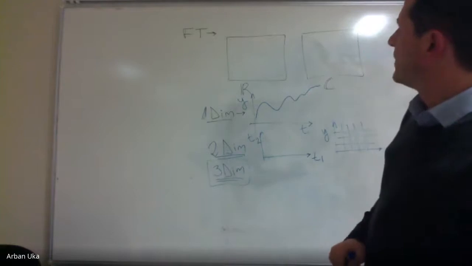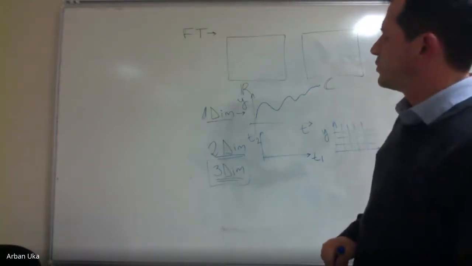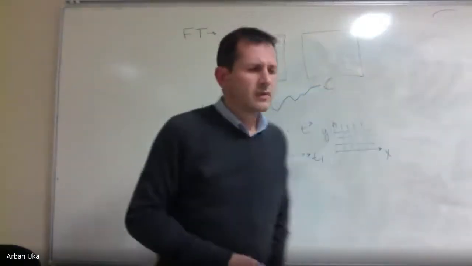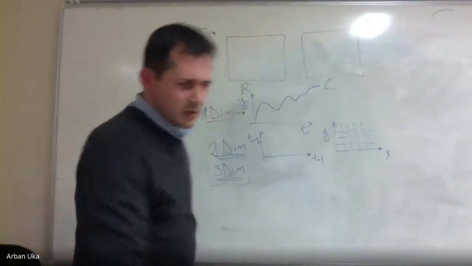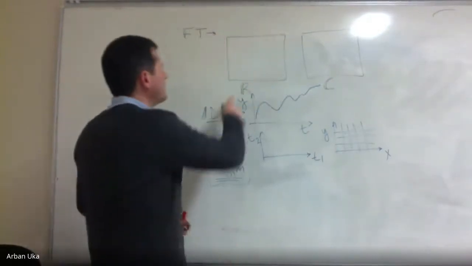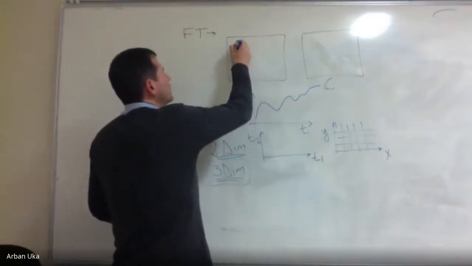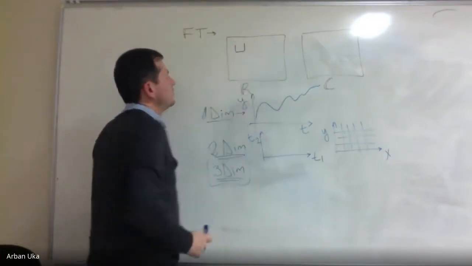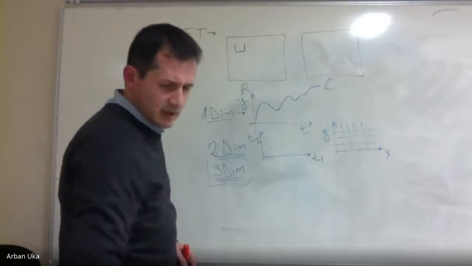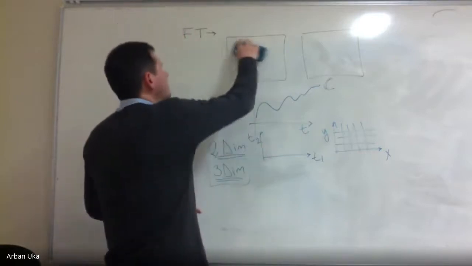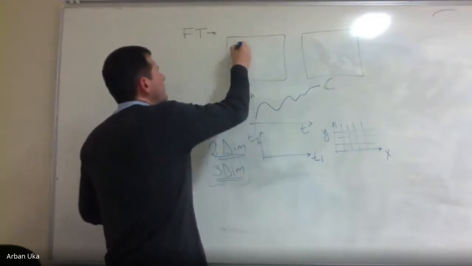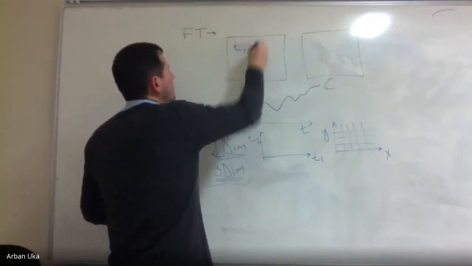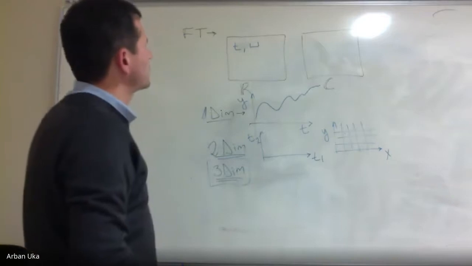In principle, what we can often do with the Fourier transform is the following. Let's assume for a moment that we have the data set in the real domain. We can denote it as U, or let's assume that the x-axis is time, and from time we have a function U, which is a function of time.